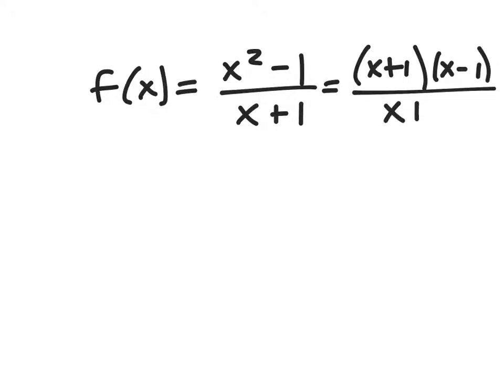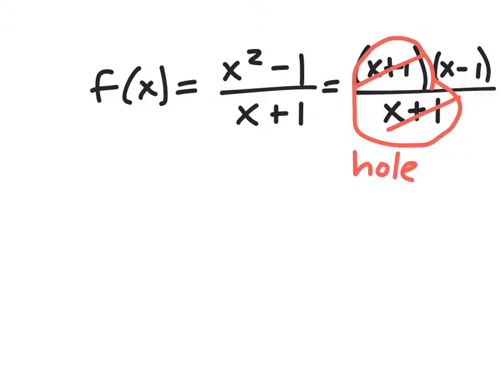This will allow me to cancel the top with the bottom. When you cancel the same factor from the top and bottom, that actually forms a hole on the graph. And you can find the location by setting x plus 1 equal to 0. And so your hole is located at x equals negative 1.